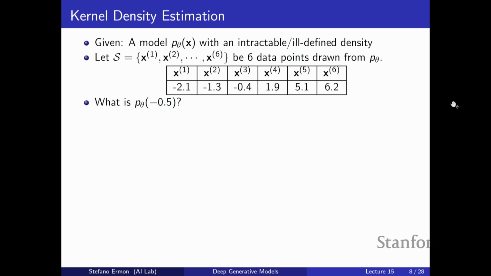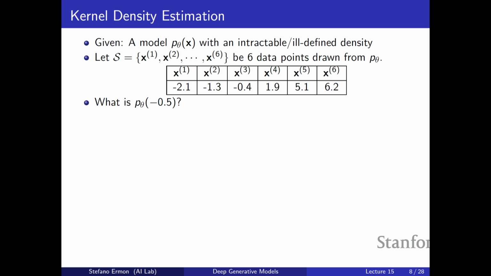These are representative of the underlying distribution that generated this data. The question is, what can we say about probabilities of other data points? Given these 6 samples from the model, what probability should we assign to the point of minus 0.5?